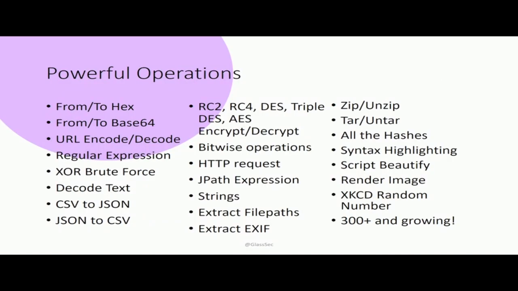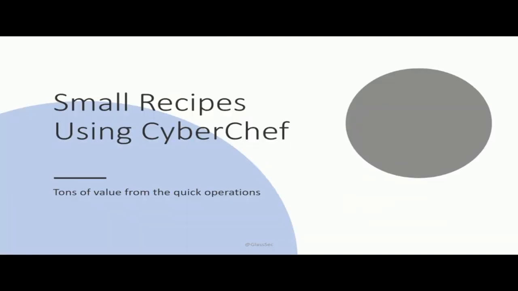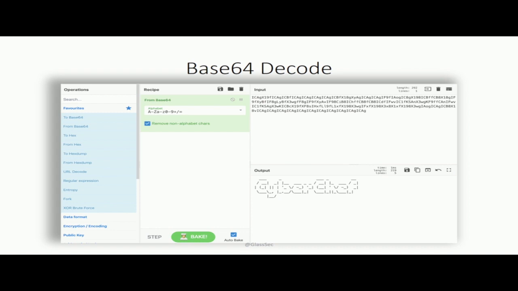All right, so one of the most impressive parts about CyberChef is the number of operations it has. It's over 300, and they're all coded in JavaScript, and I found a lot of them to be very interesting when just combined with each other. I'm going to highlight a couple of small recipes just to show how the tool works.